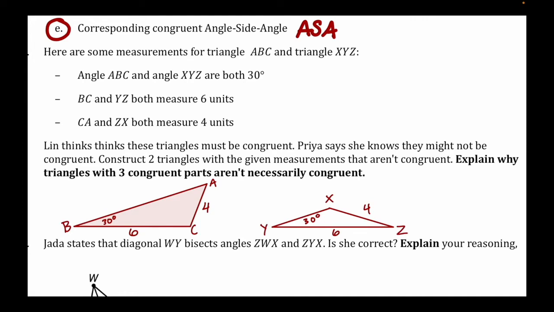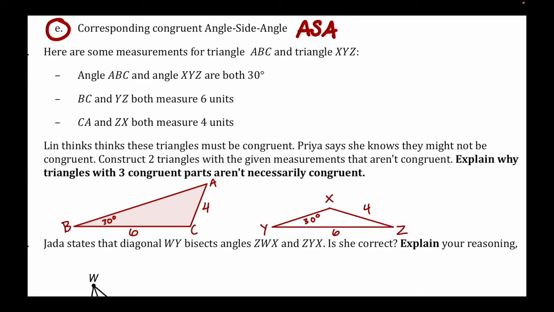So we have 2 pairs of corresponding sides, and we have an angle, but even though they're in the correct order, I'm going 30 degrees, then 6, and then 4, 30 degrees, and then 6, and then 4, even though the order is right, 2 very different triangles.